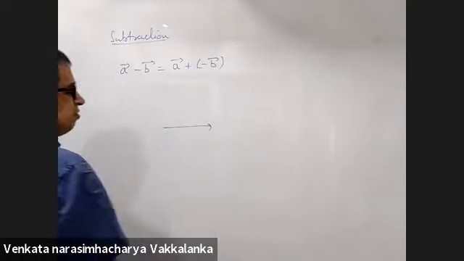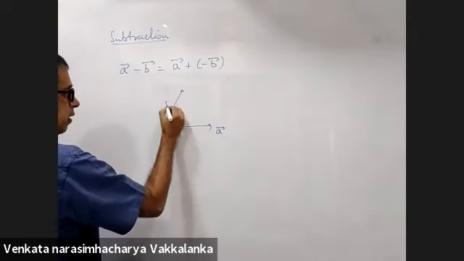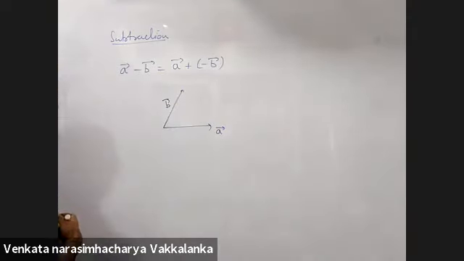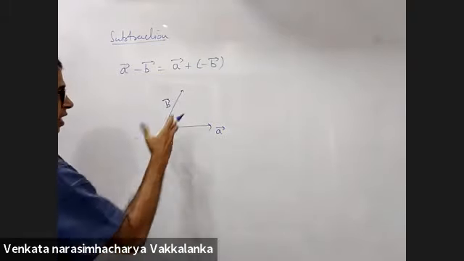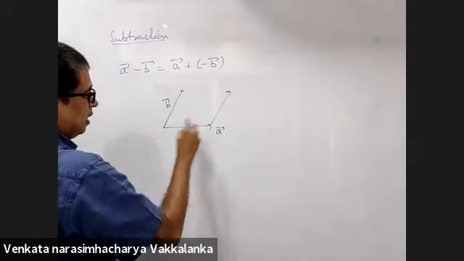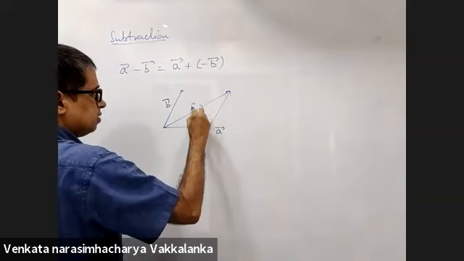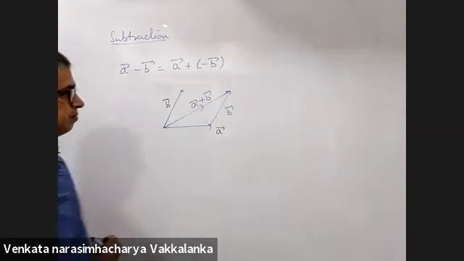That means if I have A this way and B this way, right? First of all, how do I do A plus B? I'll translate B here. This will be A plus B. Do you all agree with that? Yes, sir.